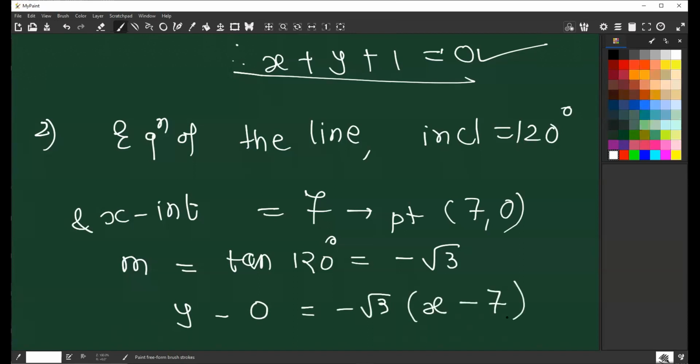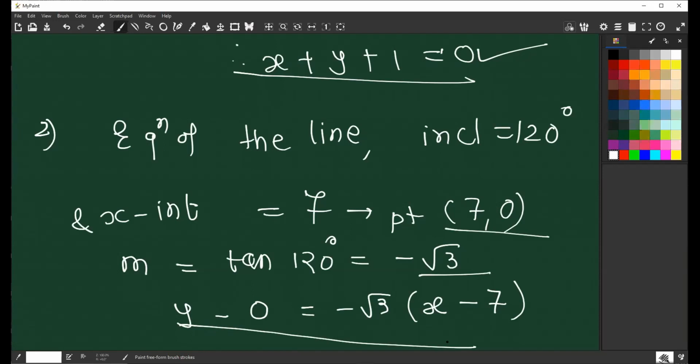You understood? All of you are clear? You have to get the slope, you have to get the point. Anybody gives you the x-intercept, that, 0 is the point. Anybody gives you y-intercept, (0, that) becomes the point. So you get the point, you get the slope, use point slope form to get the equation of the line.